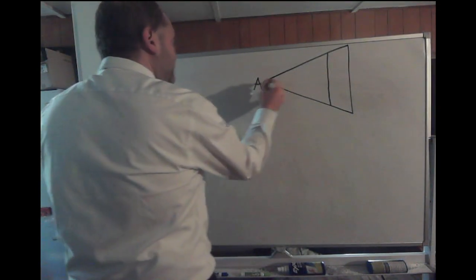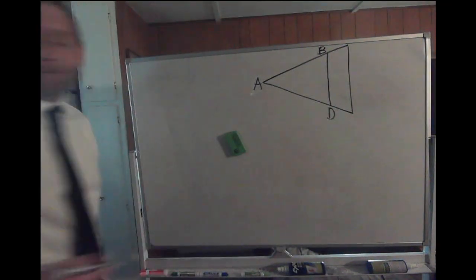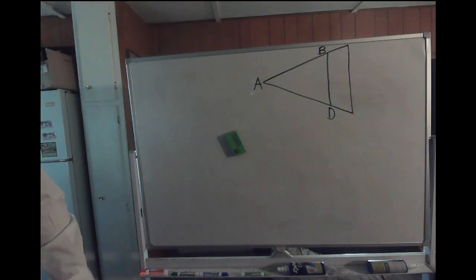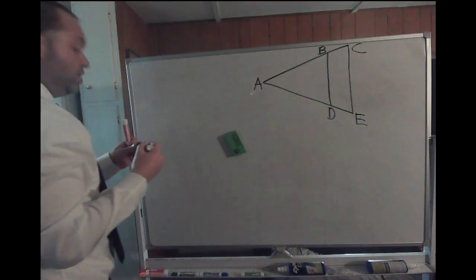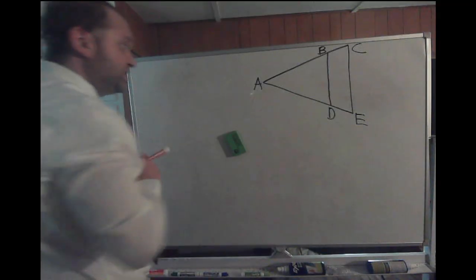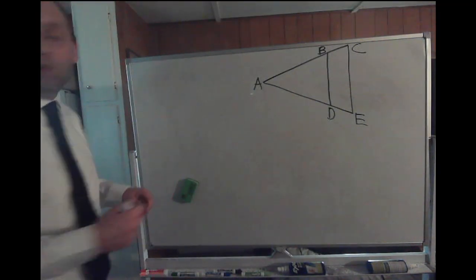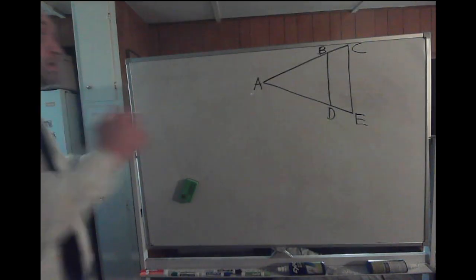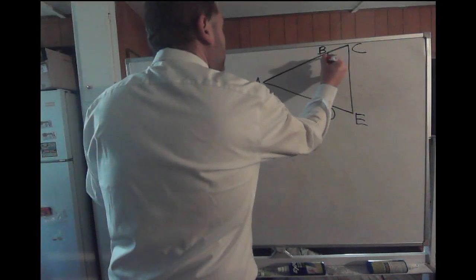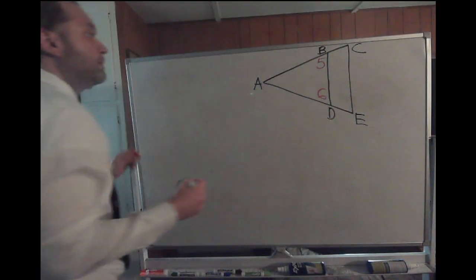This is A, this is point B, that's point D. C and E. Okay. There we go. Labeled the vertices of these 2 triangles into one. It's 2 triangles in one, really. We have angle 5 up here, angle 6 down here.